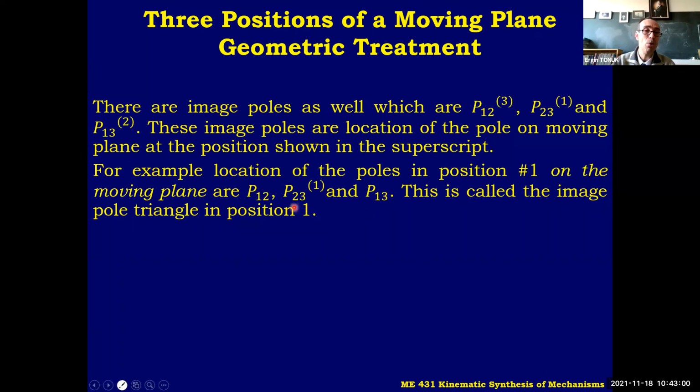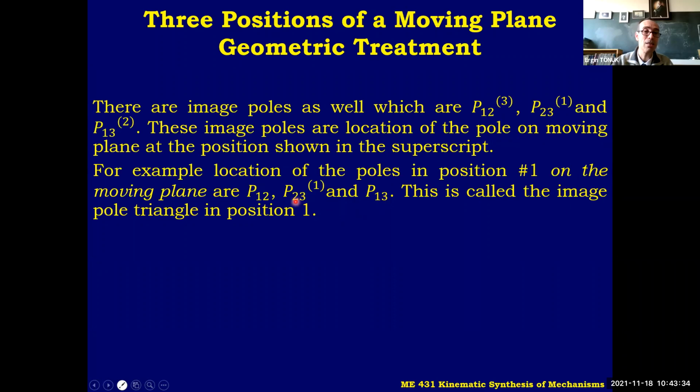But the pole for which it moves from 2 to 3 is at a different position. And actually, this also forms a pole triangle, if you like, but to distinguish it from the pole triangle P12, P23, P13, this is called an image pole triangle, and it is in position 1.